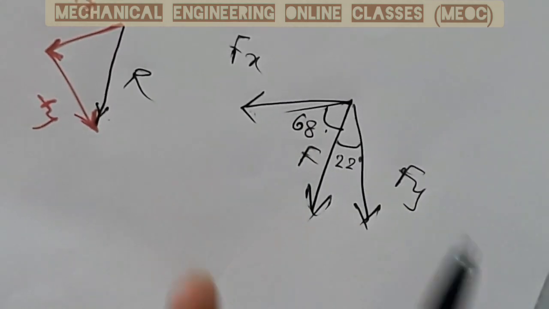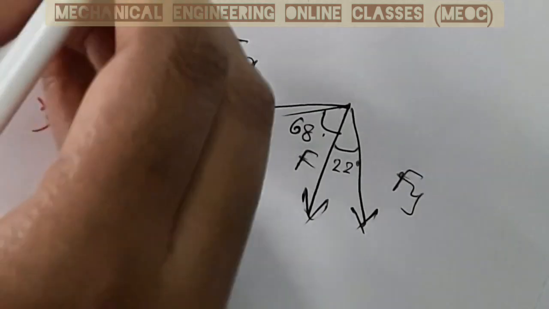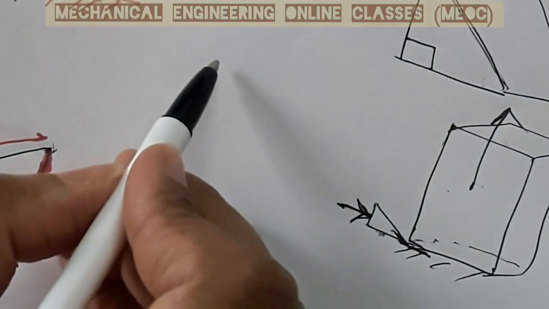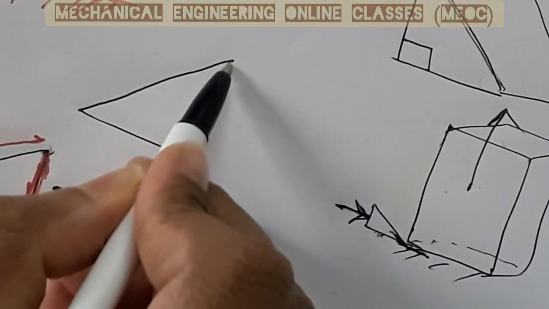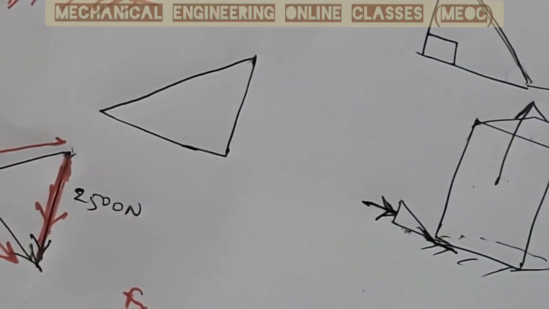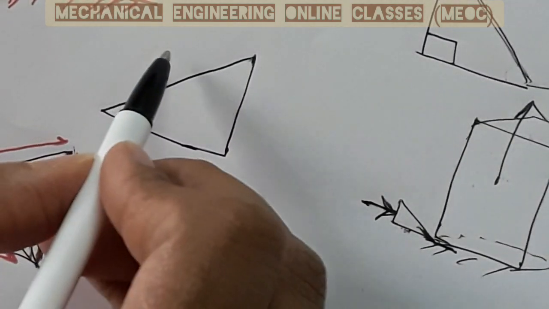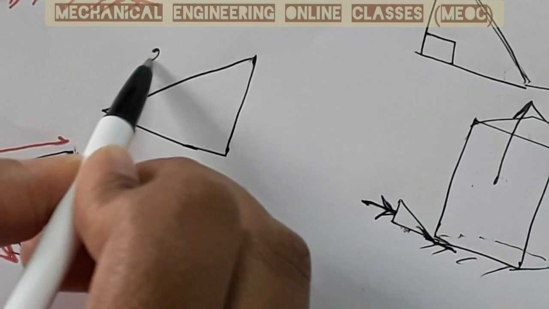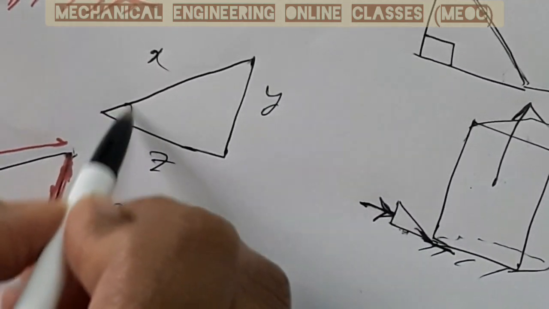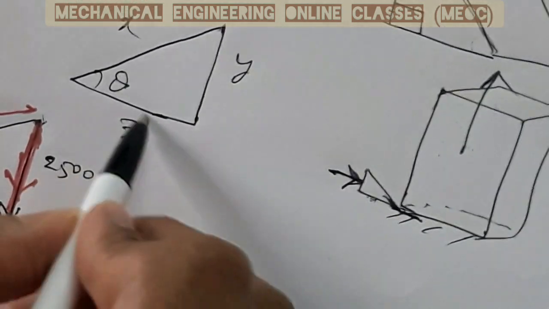Now, like how we know, in case I have a right angle triangle, with sides x, y and z, if I know this theta, what is this z?